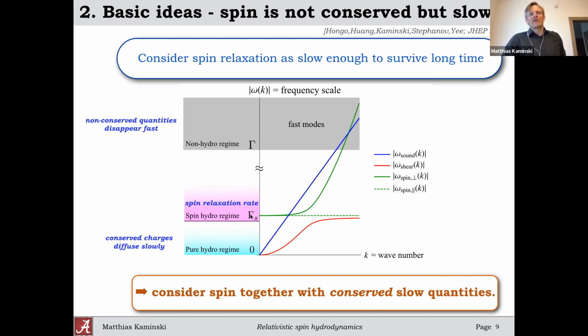But then if there are no other modes in this regime, then I would call those the universal results of spin hydrodynamics that are produced by this. So it's universal within its regime of applicability.